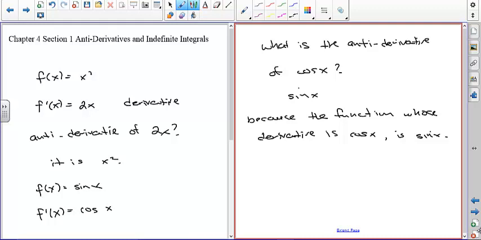We're just going to say it's the function whose derivative is the thing I'm trying to find the antiderivative of. All the rules that we came up with in chapter 2 for derivatives, we also have the rules for going the other direction. For example, here's another one.